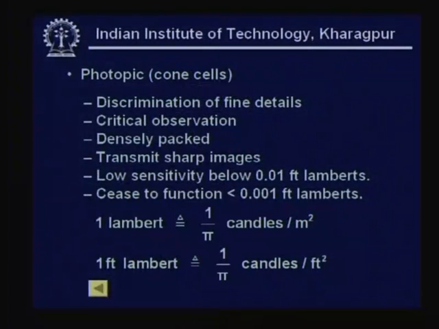Likewise, if the area is talked about in terms of the FPS system, that is the foot pound second system, 1 over pi candles per feet square would correspond to 1 foot Lambert.